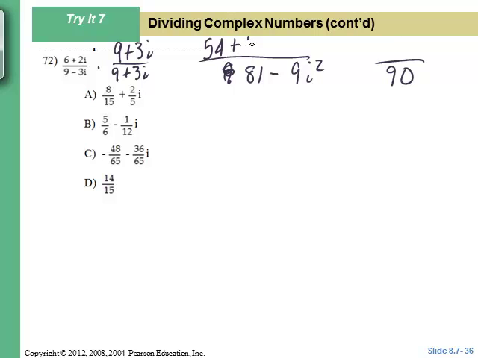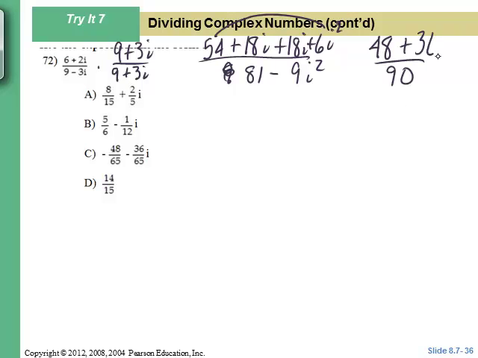Outsides is plus 18i. Insides is plus another 18i. Lasts is 6i squared. 54 and 6, that's a minus. Oh no, that's a plus. 54 minus 6. 54 minus 6 is 48.